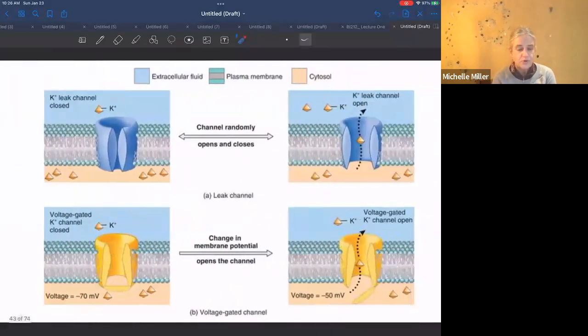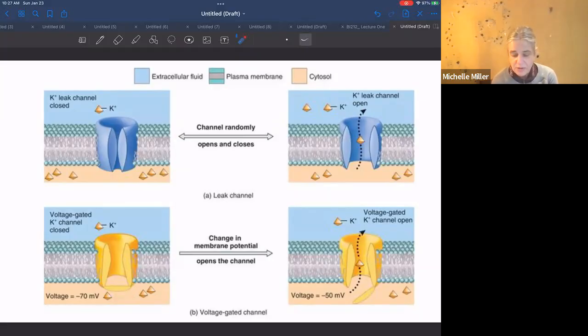So if we look at these protein channels, we have some channels that are open all the time. So potassium is going to want to leak out and sodium is going to want to leak in. We actually have to expend energy to pump the potassium in and the sodium out.